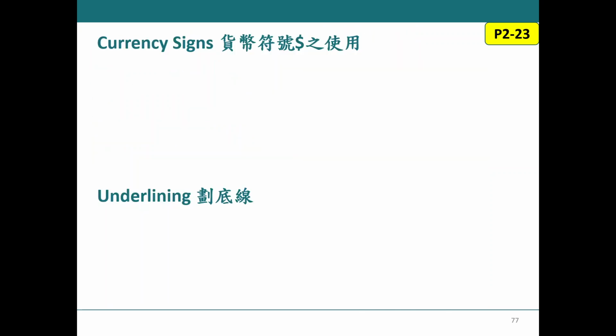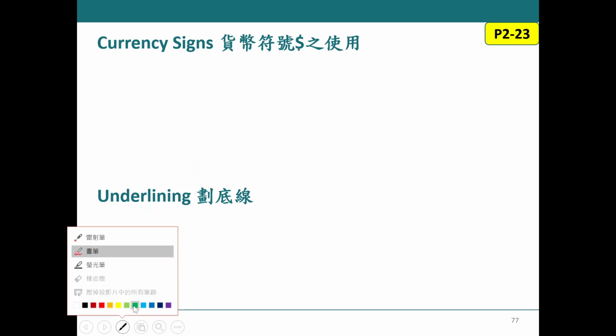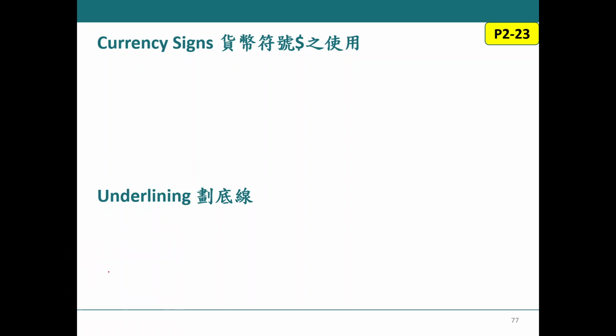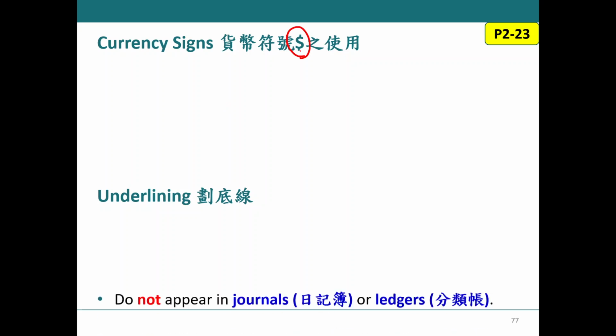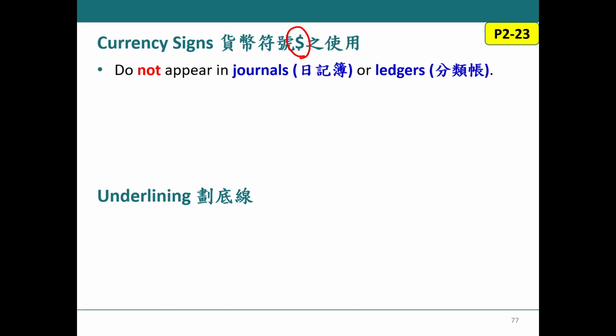One small thing I want to mention, then we complete chapter 2, is about the format. So it's a small thing about the format when we use the currency sign. Okay, so on your textbook 2-23, slides 77. When we use the currency sign, for your two accounting books, journal and ledger T account, you don't need to use the dollar sign.